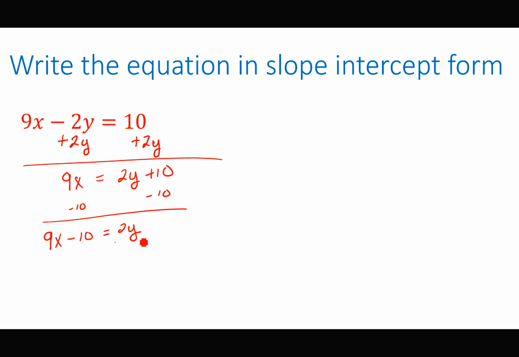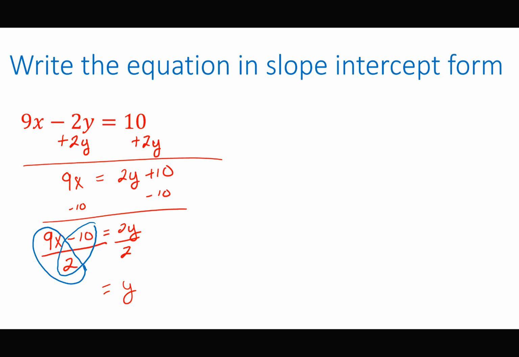I need to get that by itself, so I divide by 2 and then divide all of this by 2. And so from here now, I have just a y on the right, but then I have 9x minus 10 over 2. So this 2 is underneath the negative 10 and underneath the 9x.